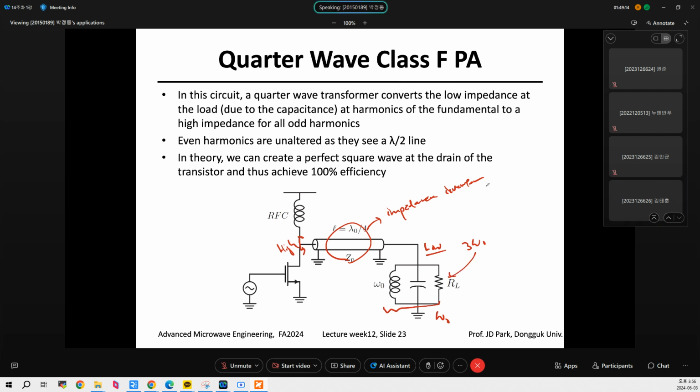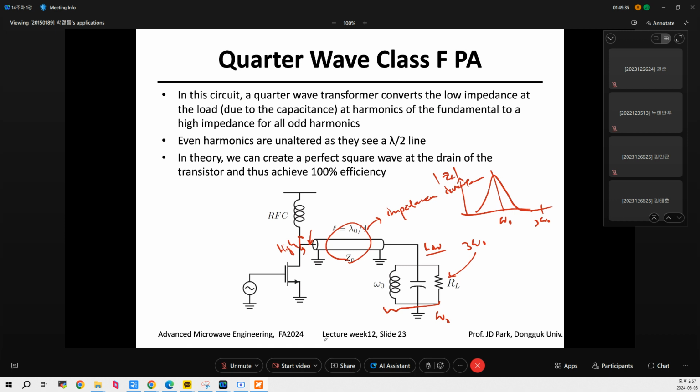This is low, right? Something like this. This is the main characteristic of your parallel network. So at 3 omega 0, this must be very low. Make sense?